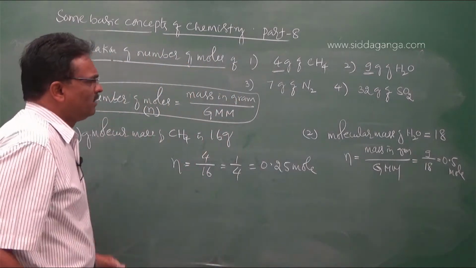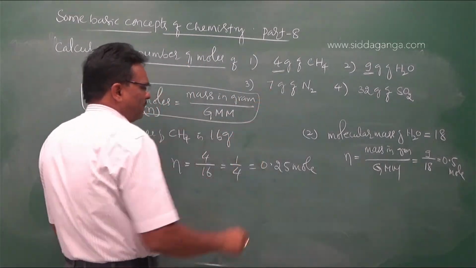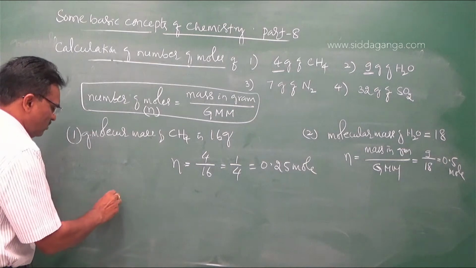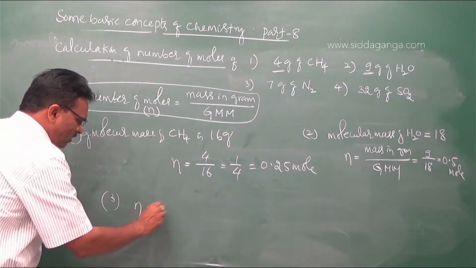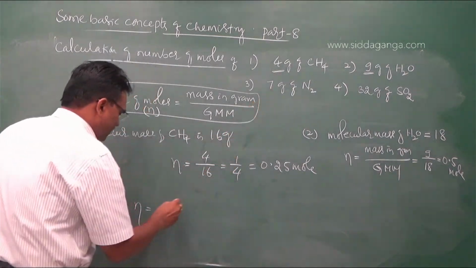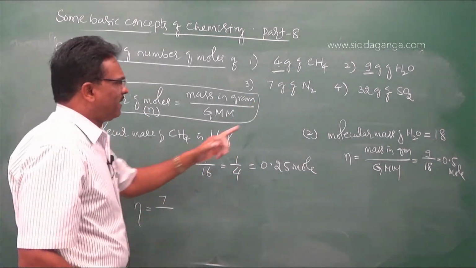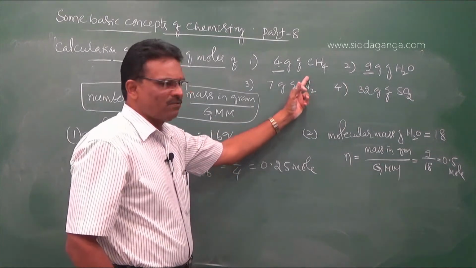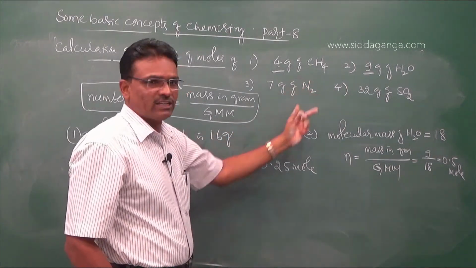Third one, N is equal to mass in gram given, 7, divided by molecular mass of N2. Molecular mass of N2 is 28.